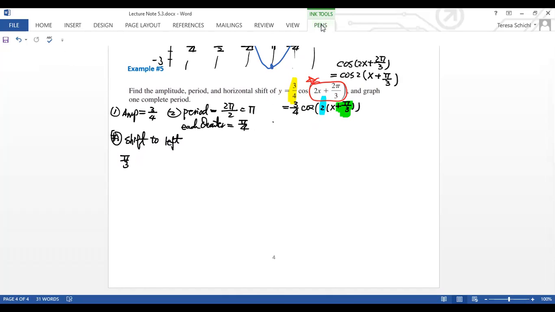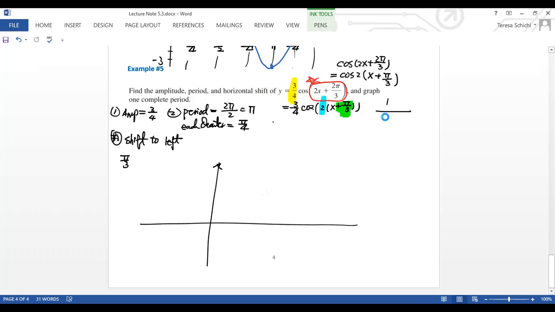All right. Okay, now let's try to graph here. Make sure you get yourself a cheat sheet. This is what the cosine looks like. The amplitude is 3/4, so this is 3/4 and this is negative 3/4, right?